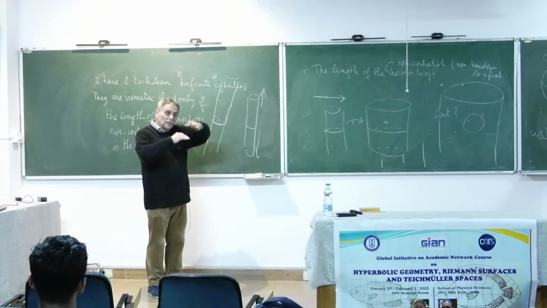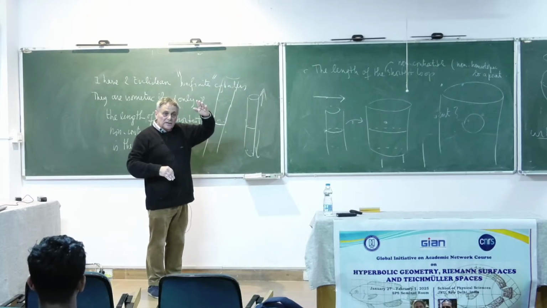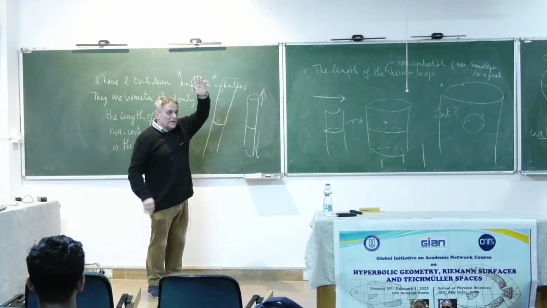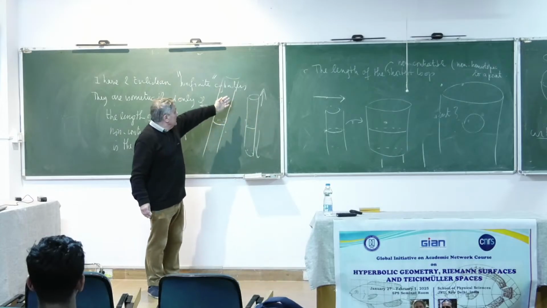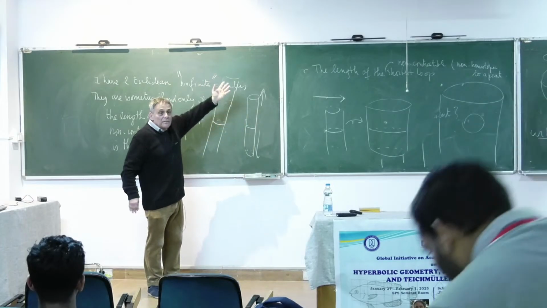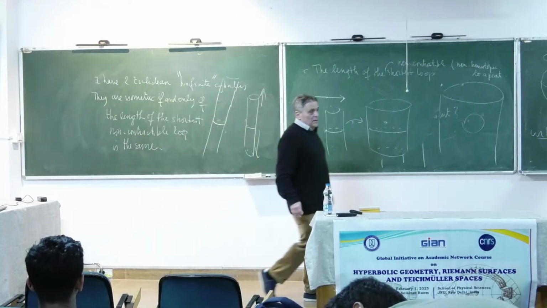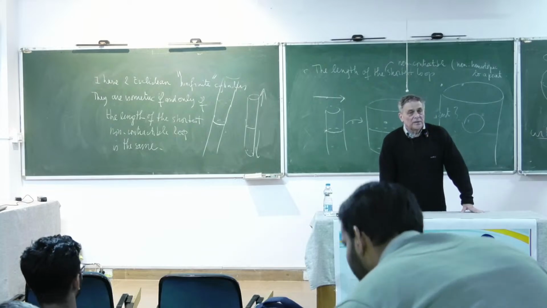Then you want to know whether you can extend this one-dimensional map to a two-dimensional map, and since both of them are cylinders, bi-infinite from both sides, there's no obstruction to extending this map to an isometry between the two cylinders.